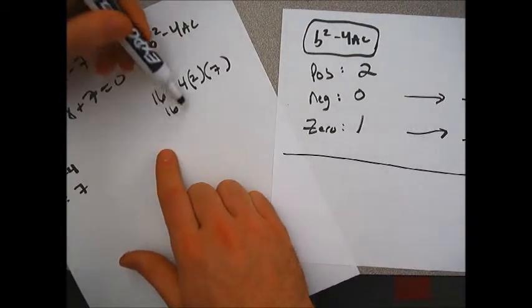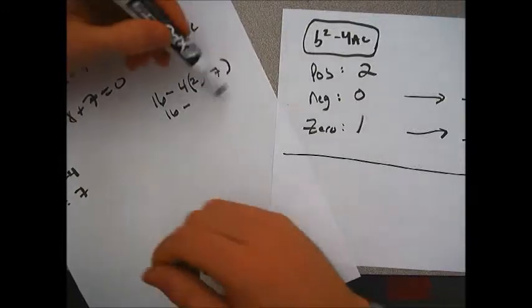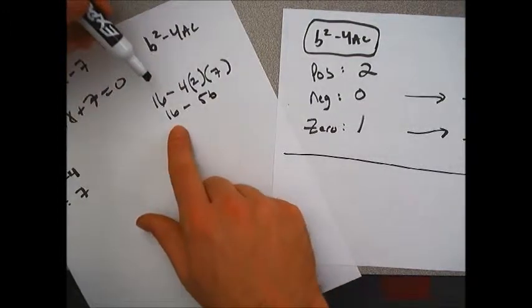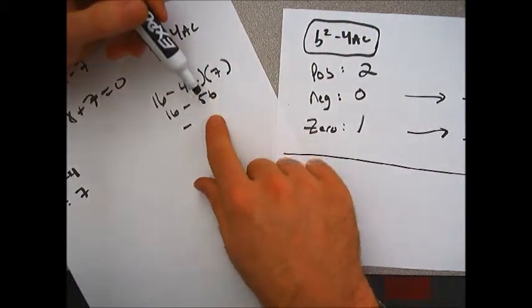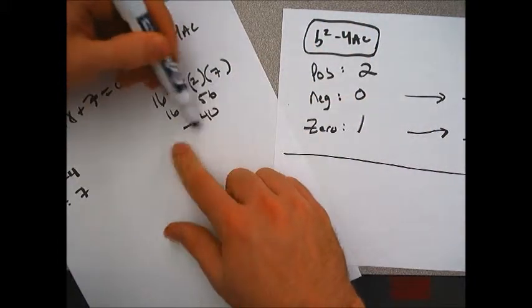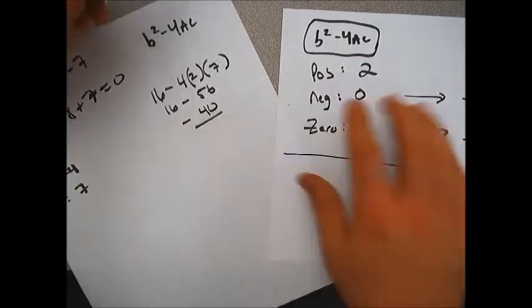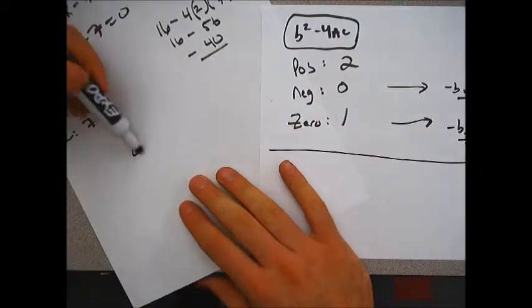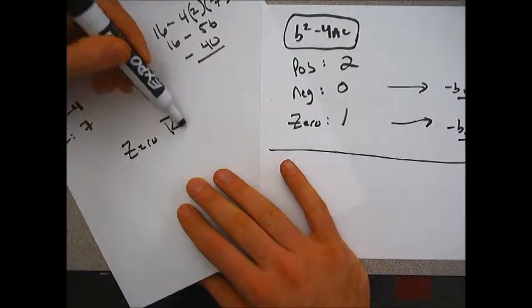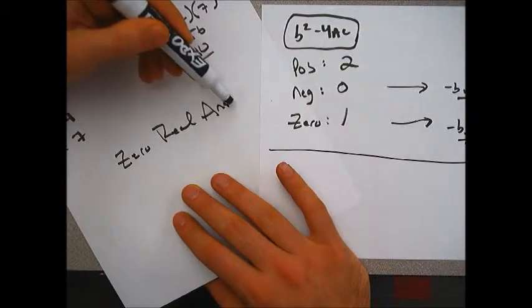This becomes 16 minus 4 times 2 is 8, and 8 times 7 is 56. And then I'm looking at 16 minus 56 is a negative. You could stop right there. It doesn't matter what you get because it's a negative. It is negative 40 though, so if it's a negative, I come back here, and what happens when it's negative means I would have 0 real answers.